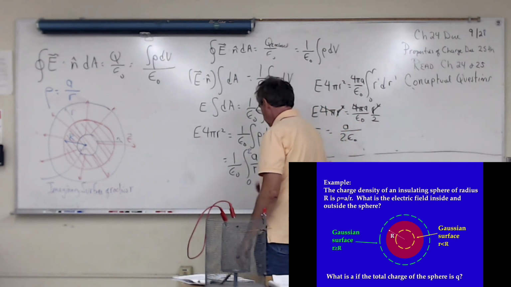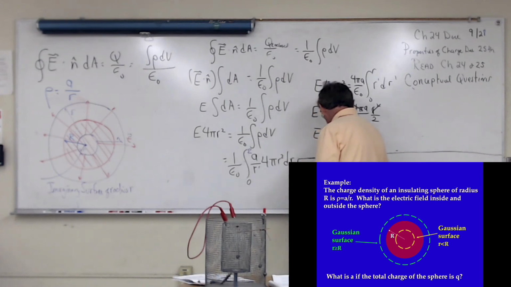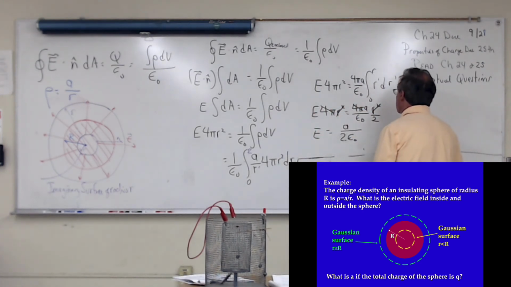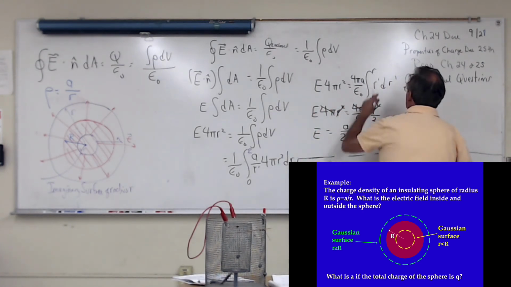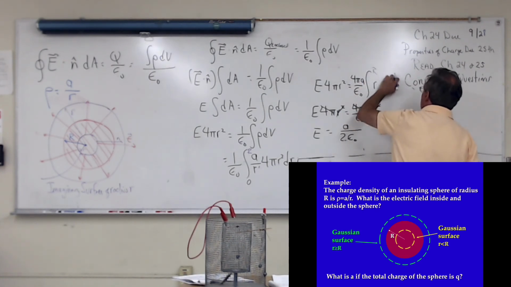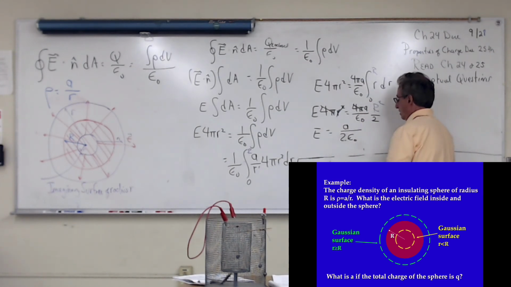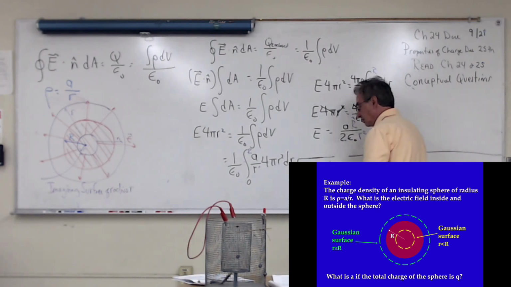And of course, this is not going to be hard. Change this to big R. I don't need my dummy variables anymore. And this becomes big R squared. And then I'll have a big R squared here and a little r squared here. So let me rewrite that because it's not that clear.